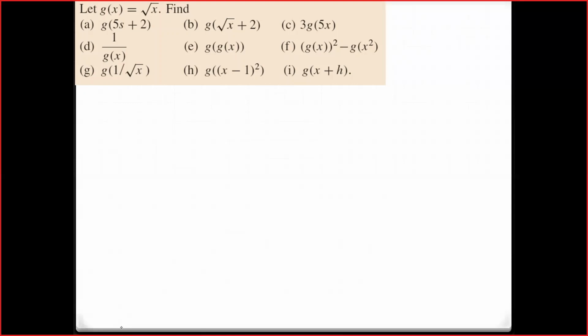Yalla, Tala, I want you to solve C. It is 3 g of 5x. Okay, so the first step you have to find g of 5x. So it will be square root of 5x. Thank you. Then multiplied by 3. Okay, thank you so much.